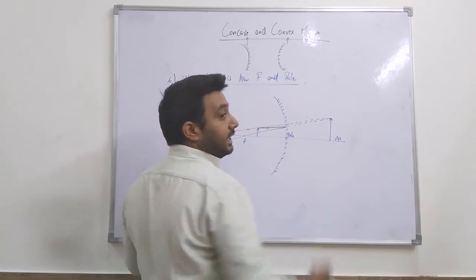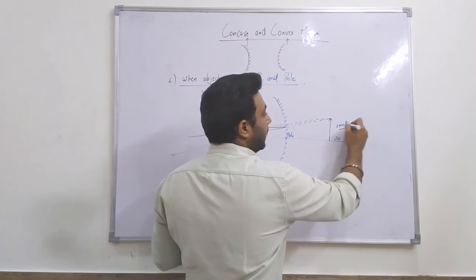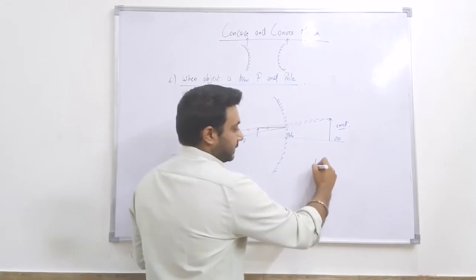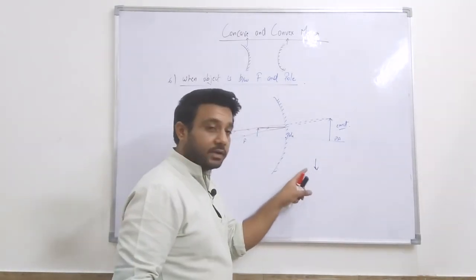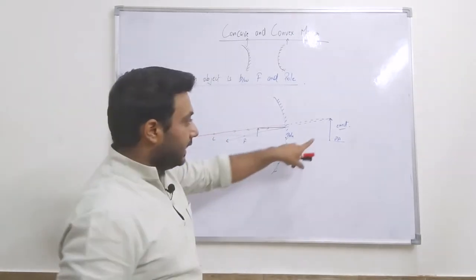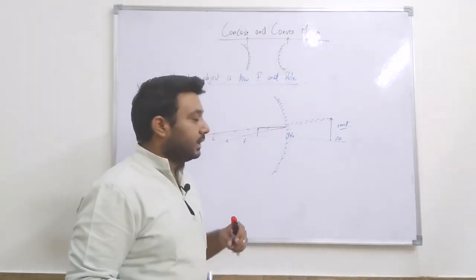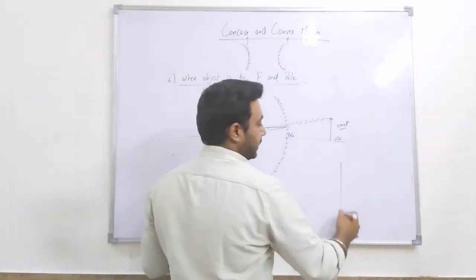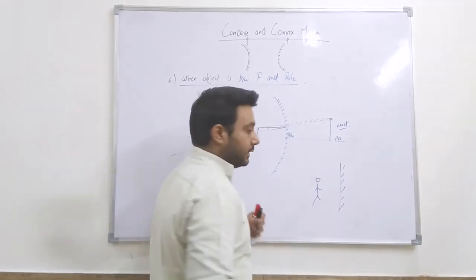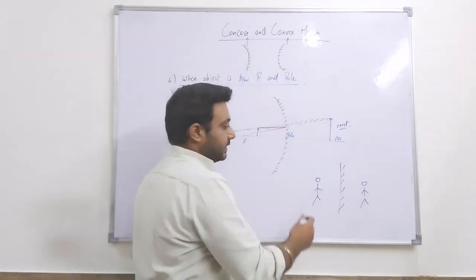Okay. So the image is erect also. It is not inverted now. It is erect. They were inverted before, but now here it is erect. Clear? Now it is formed behind the mirror. It can't be obtained on a screen, but like plane mirrors: if you see your face in a plane mirror, you are standing in front of the mirror, and your image is formed behind the mirror.